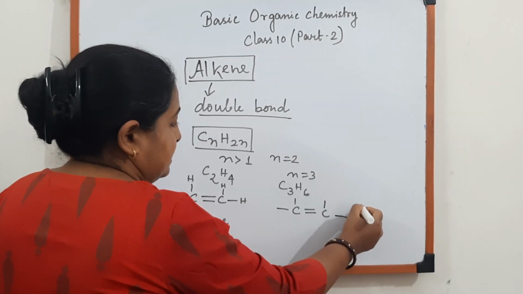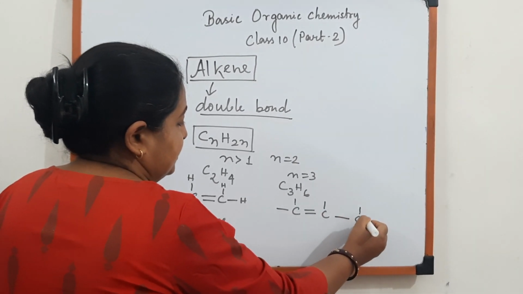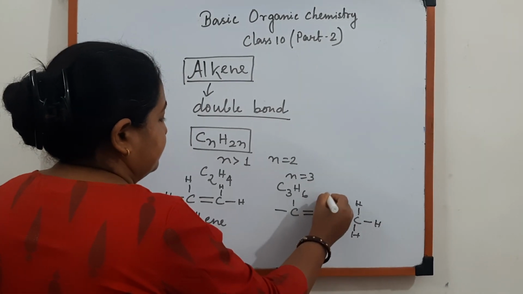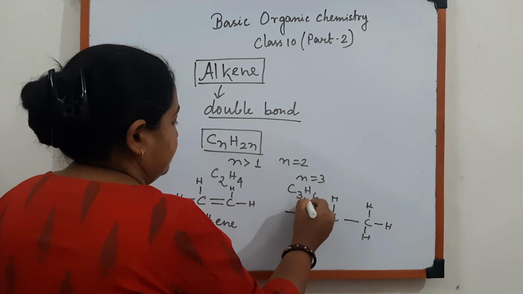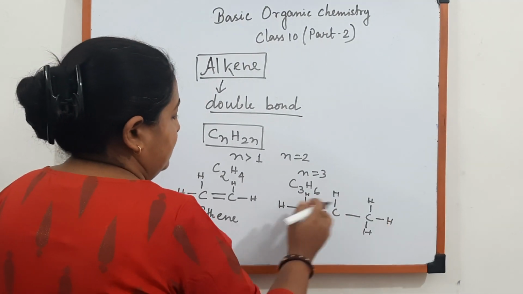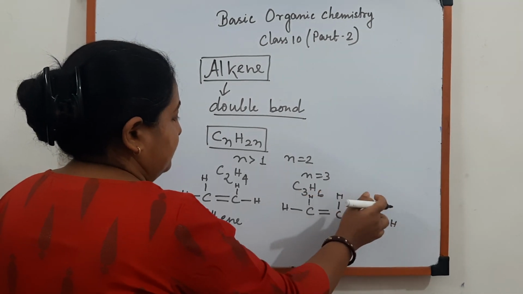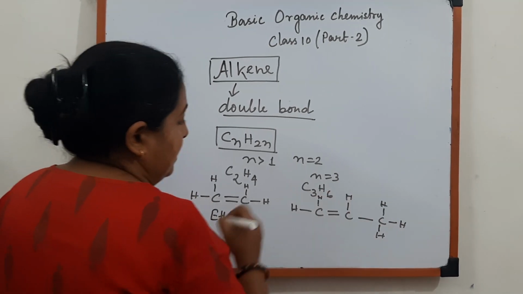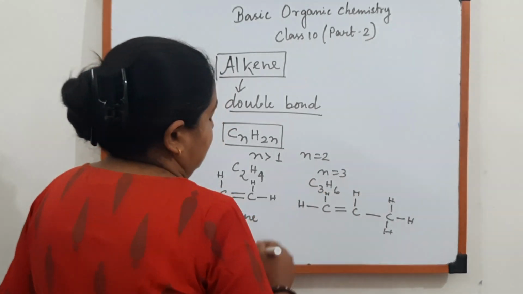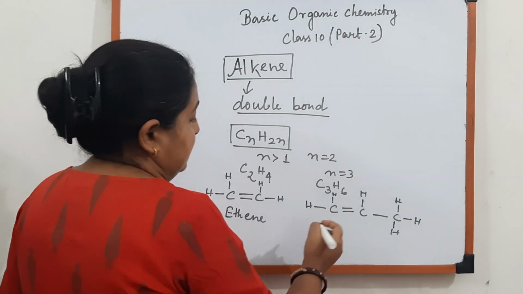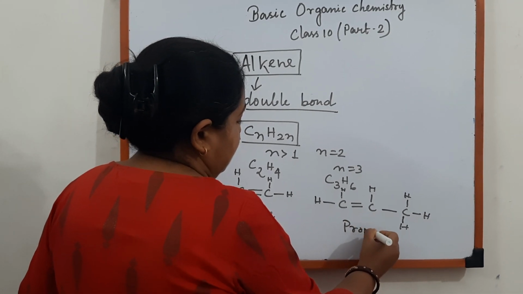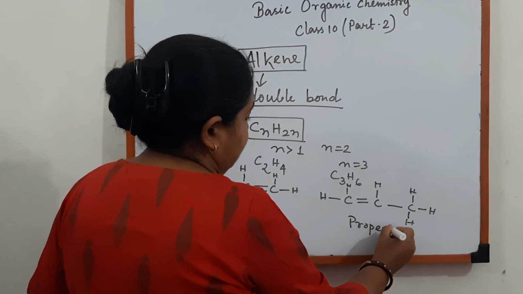And for this, 1 is already occupied, 3 are left, so put the hydrogens here. So C3, 1, 2, 3, 4, 5, 6. What will be the name? 3 carbons are there, so that is prop, and this is nothing but propene.